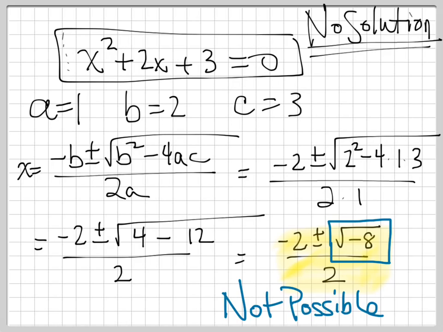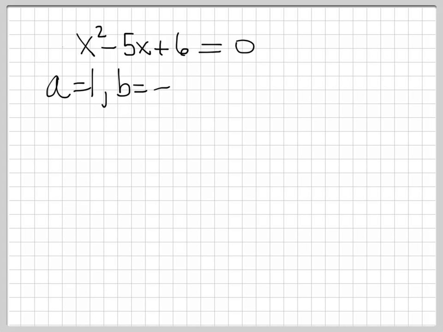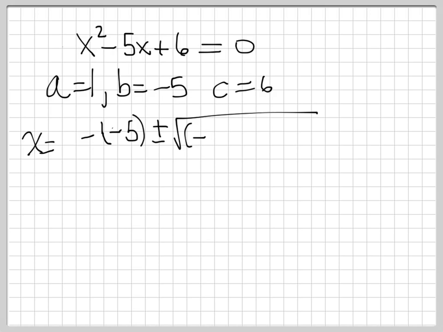We'll do one more. Here we get x squared minus 5x plus 6 equals 0. A is 1, B is -5, C is 6. And so we get x equals -5 plus or minus the square root of -5 squared minus 4 times 1 times 6 all over 2 times 1.